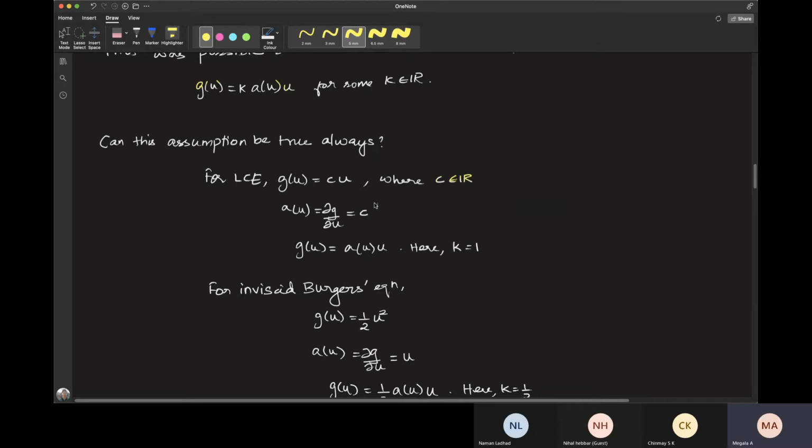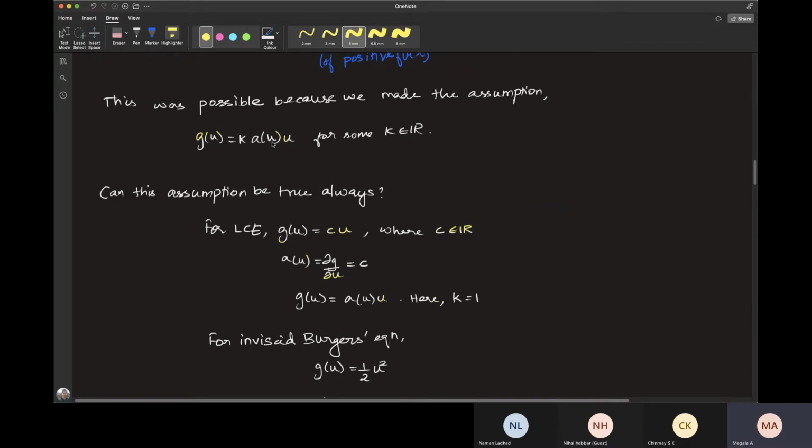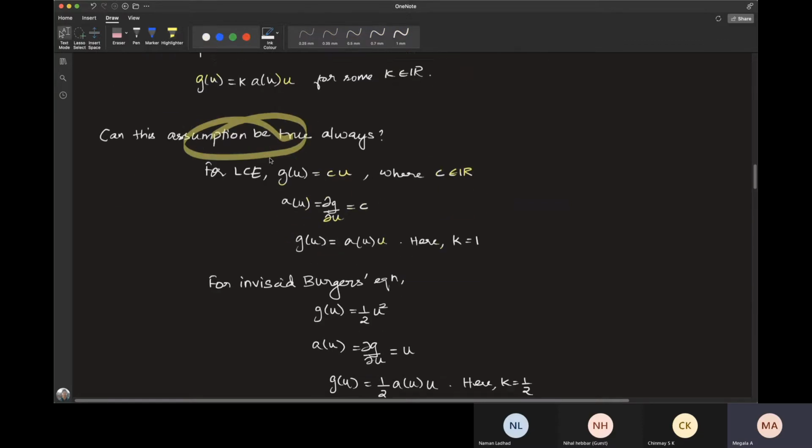Now this g of u can be written as a of u into u. Since c is a of u, in place of c we can substitute a of u and we still have this u. So g of u can be written as a of u into u. This is exactly this expression with k equals 1. So now the linear convection equation satisfies this property.